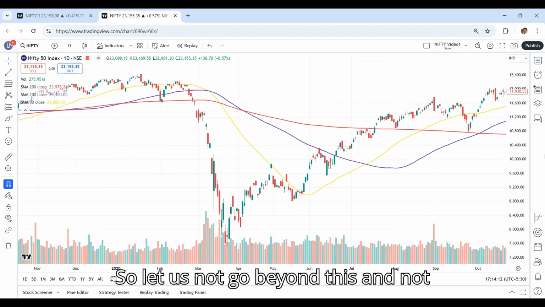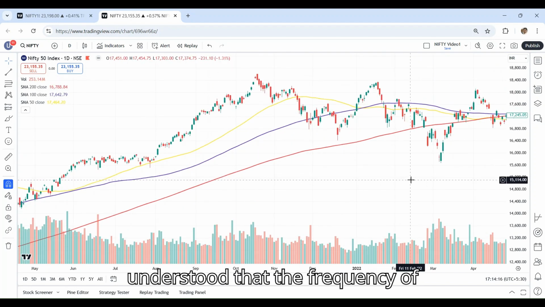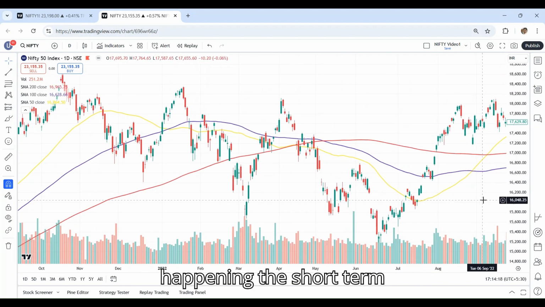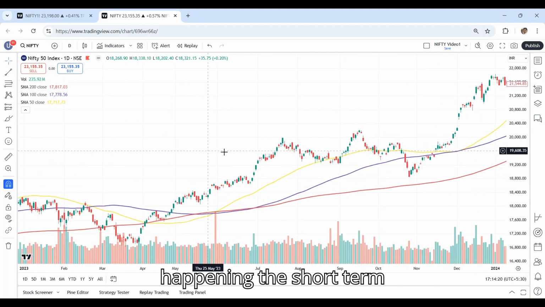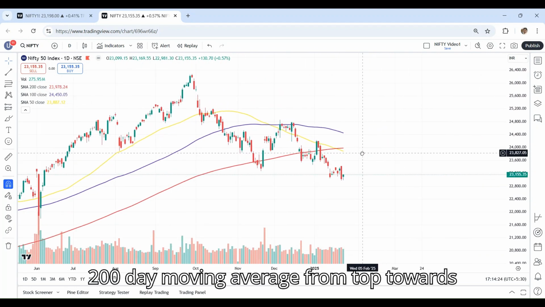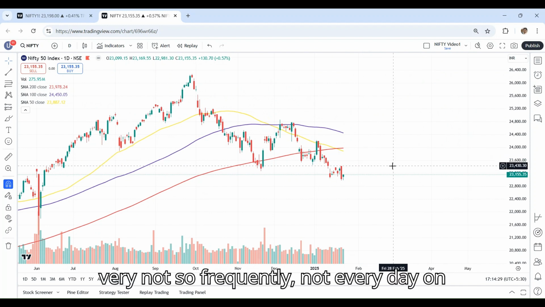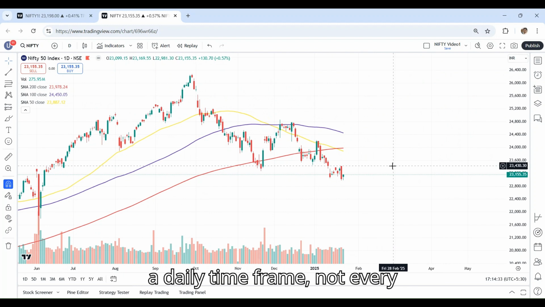Okay, so let us not go beyond this and not confuse ourselves. Now you understood the frequency of the short-term 50 or 100-day moving average crossing the 200-day moving average from top towards bottom. It happens not so frequently, not every day on a daily time frame, not every month.